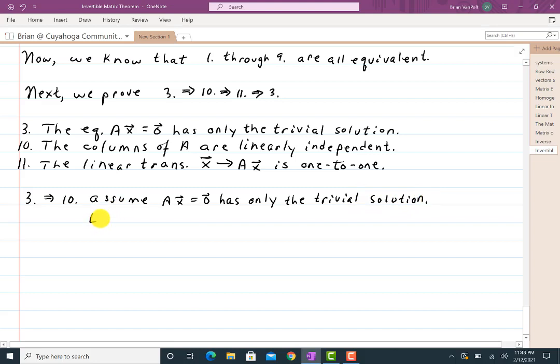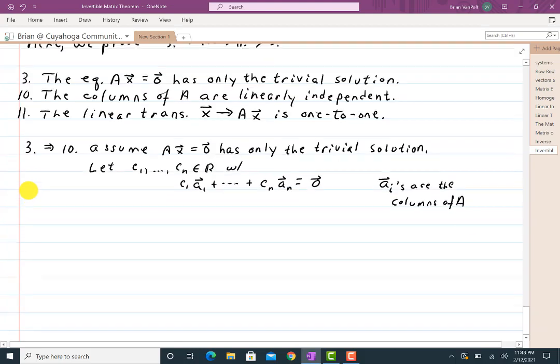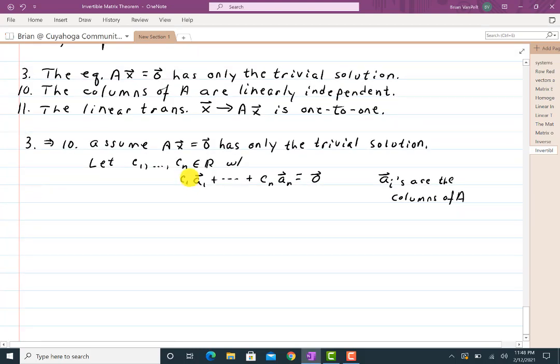And let C1 up to Cn be in R with C1A1 plus ... plus CnAn equals the 0 vector. And of course, the Ai's are the columns of A. But then once you have this, you can go ahead and redo it this way.